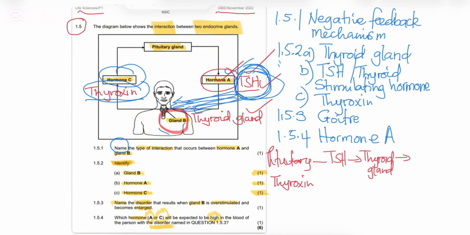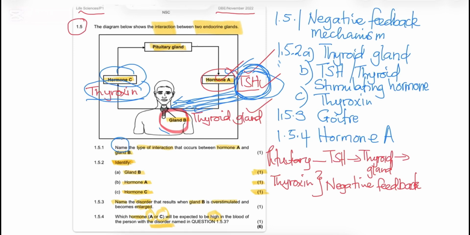And this gives us the negative feedback mechanism for this particular system. So understanding this pathway can help you answer several questions.